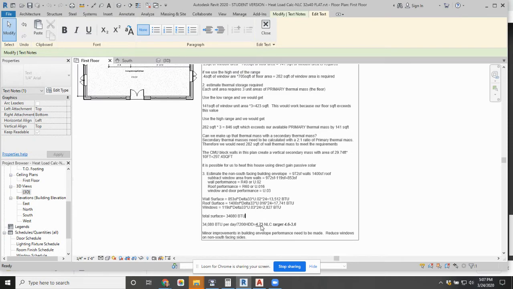So where did this net load coefficient target area come from?